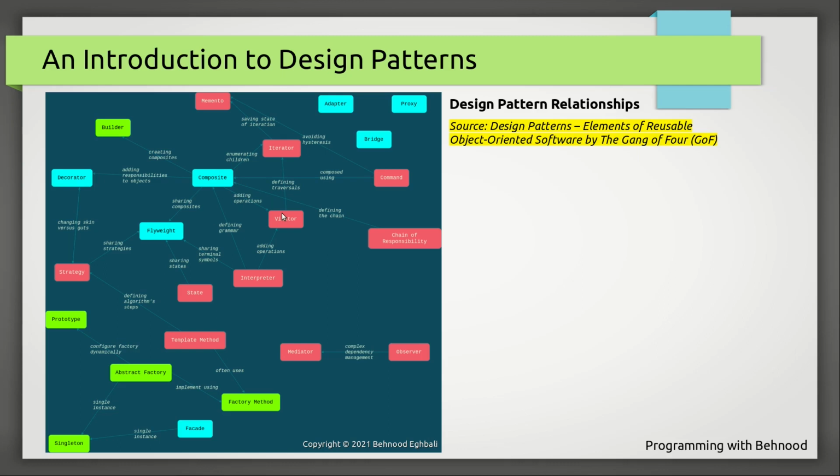For example, the prototype pattern is often an alternative to abstract factory pattern. And some patterns result in similar design even though the patterns have different intents. For example, the structure diagram of composite and decorator are similar.